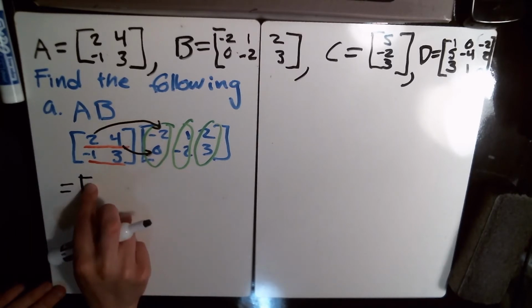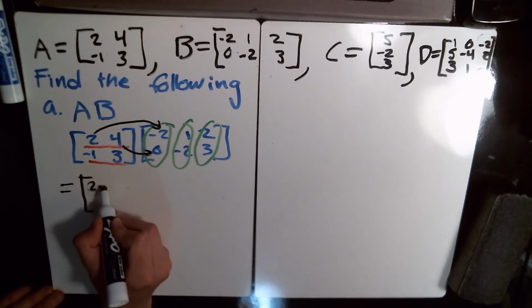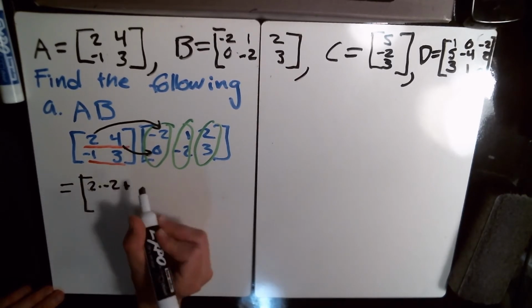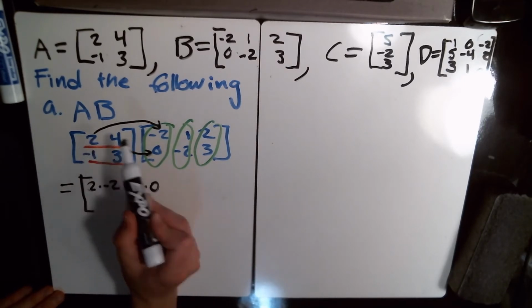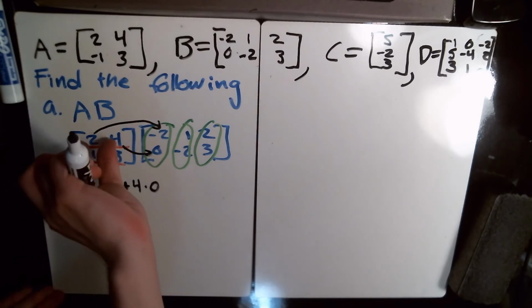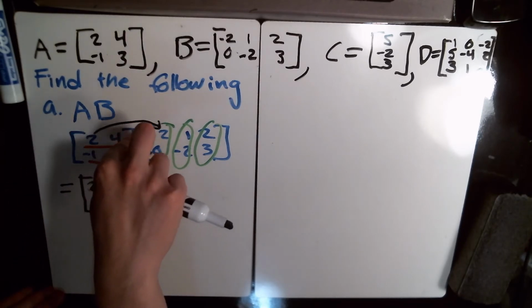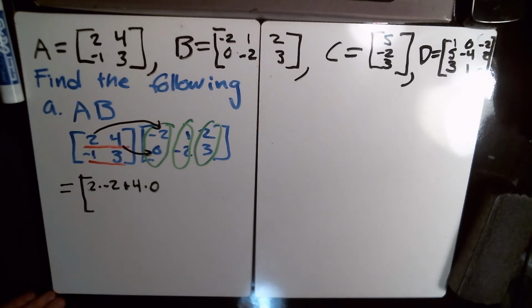So you do 2 times negative 2 plus 4 times 0. Okay, so you do this one times this one plus this one times that one. I think about rotating this around and just timesing it straight into those and then adding the results.